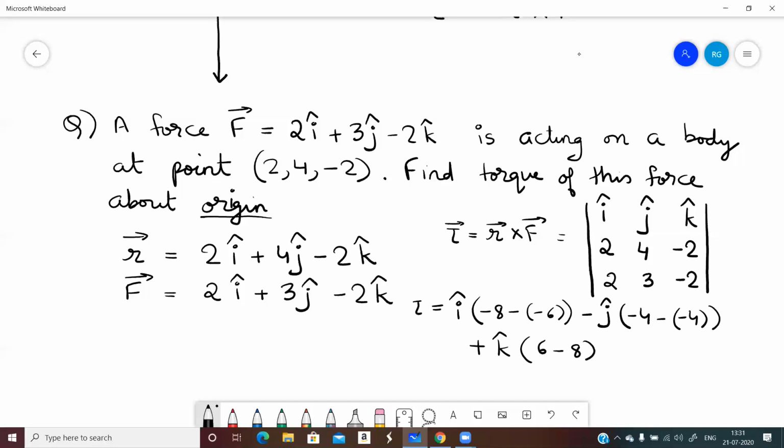So the torque is given like this: 6 minus 8 gives minus 2i cap. Then minus 4 and minus 4 get cancelled, so there is no j cap component. And 8 minus 6 gives minus 2k cap. So this is the torque. And obviously you have to place the units also, Newton meter.